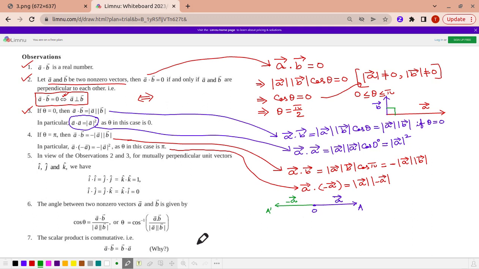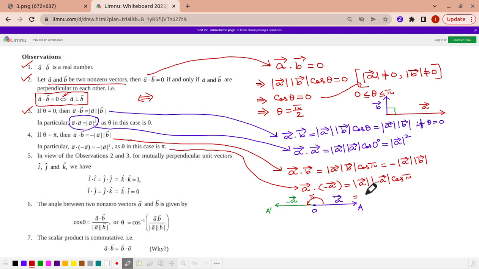Now if you see, dear students, the angle between the vector A and minus A is equal to pi, because that is 180 degree. So that's why we can write here that A dot minus A is equal to mod A into mod of minus A into cos pi. Now we know that mod of minus A is nothing but mod A, correct?